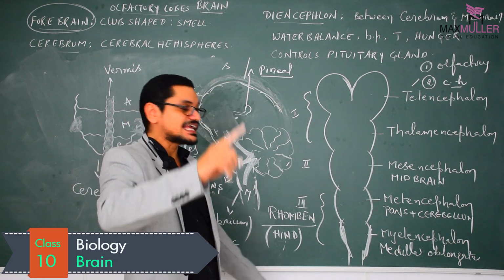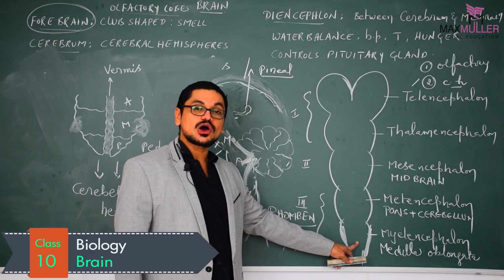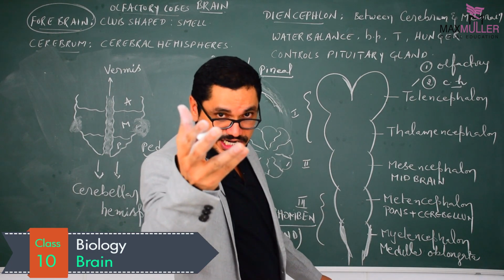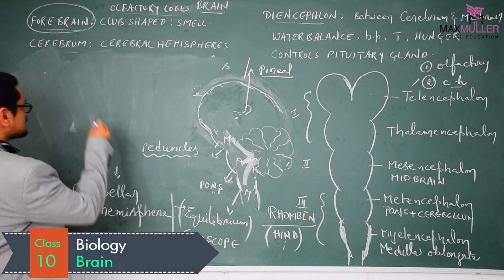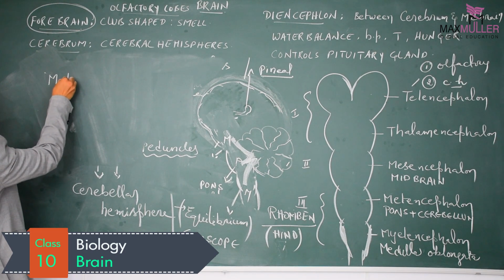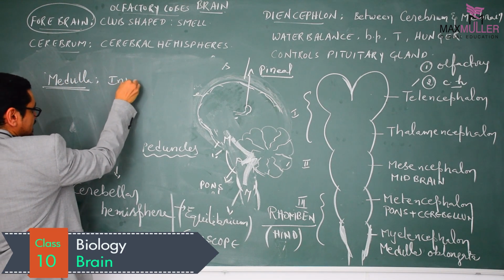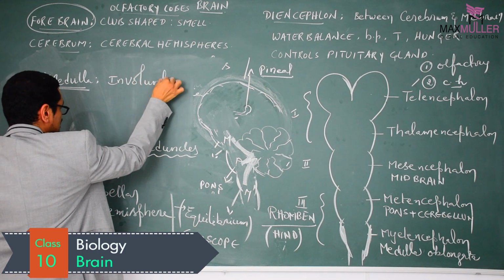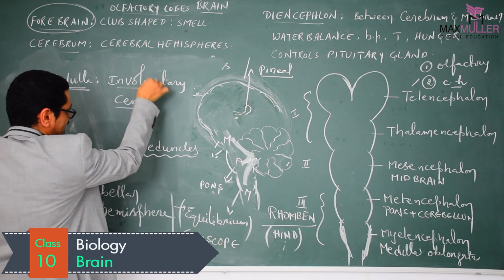In one sentence I can explain medulla extraordinarily: it contains all involuntary centers. Medulla oblongata is the last part of the brain which contains all involuntary centers.